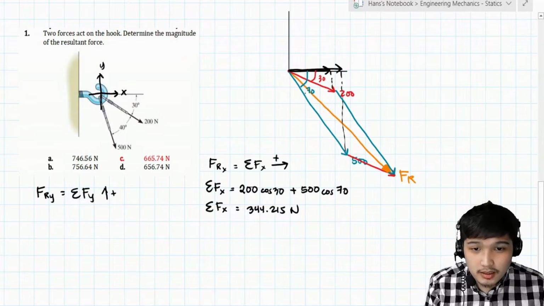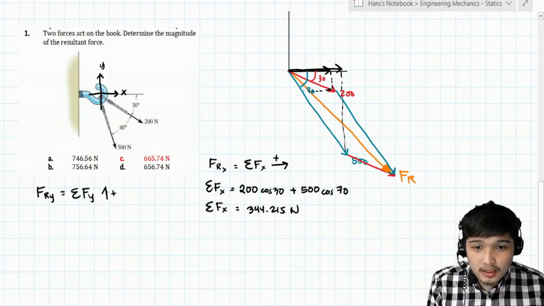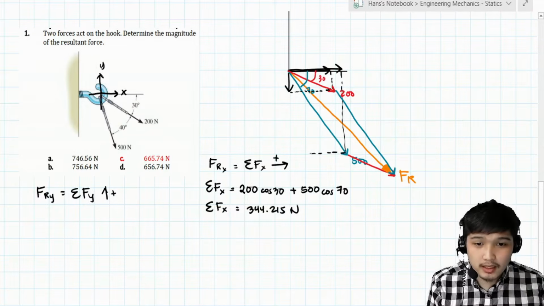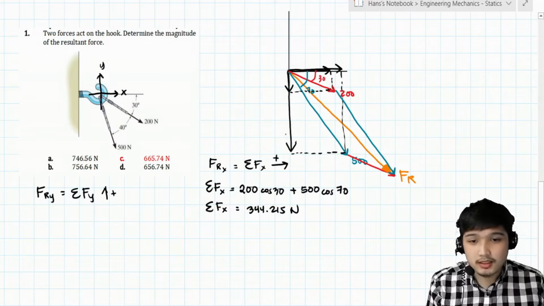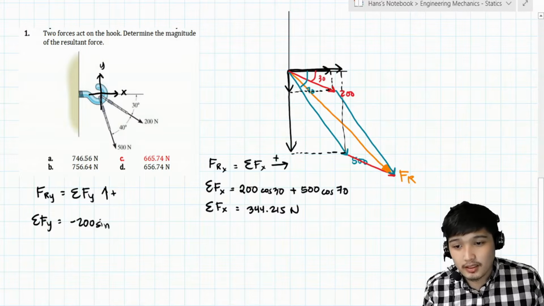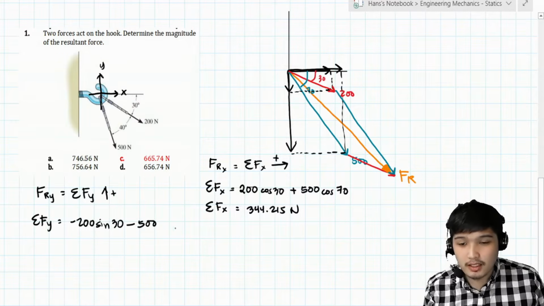Okay, so in that case, yung 200 Newton is directed downward, so therefore negative. So, the same with the 500 Newton force. So, yung vertical component niya is downward. So, pareho silang negative. So, summation ng forces along Y equals negative 200. So, that is naman sine of 30, no? And then minus 500. Ano naman to? Sine of 70.